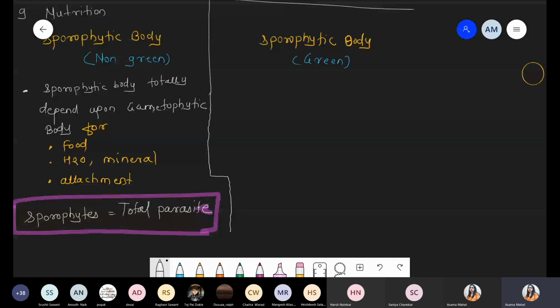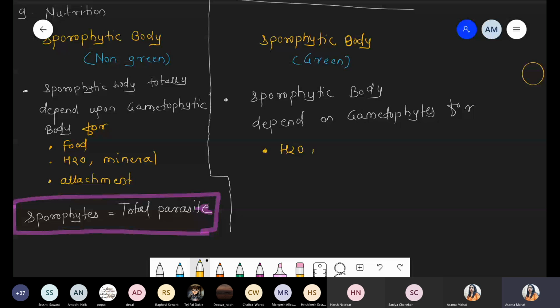So we write the same point here: the sporophytic body depends on gametophytes for water and minerals, no food, because they are green, which means they are capable of photosynthesis. Dependency for water and mineral, and also for the attachment process.